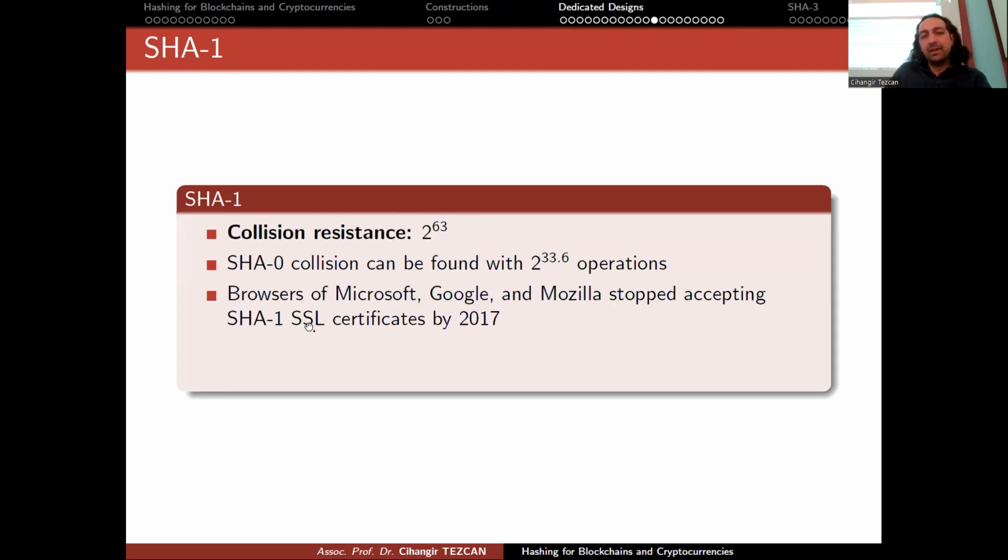But still, due to this theoretical attack, browsers of Microsoft, Google, and Mozilla stopped accepting SHA1 SSL certificates by 2017. Maybe you remember that time, the 1st of January in 2018. You tried to visit some web pages, but your browser showed a red warning saying that it is not secure. This was because of this change. They stopped accepting SHA1 certificates.